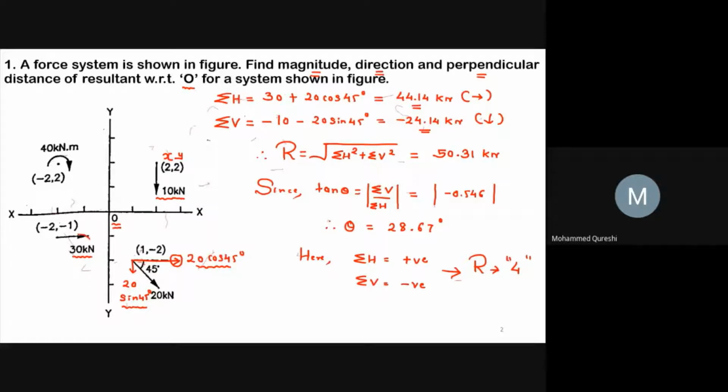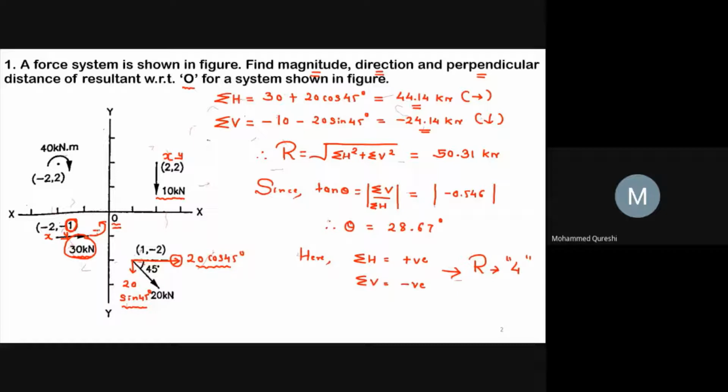the horizontal force, that is 30, and this 30 has -2 in the x direction and -1 in the y direction, and this force is in the horizontal direction, and hence it will make a perpendicular distance with respect to the y-axis. So this 30 kilonewton force will move towards point A in anti-clockwise direction, hence it will be negative.